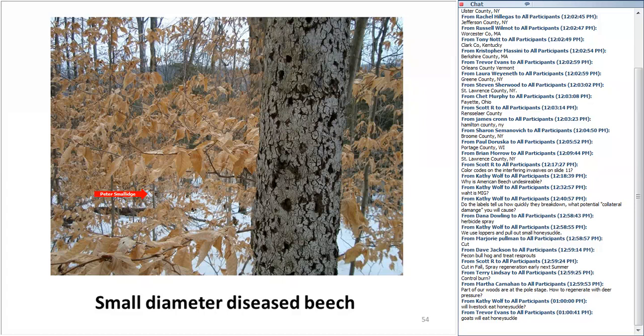So that's the bad news. The good news is you can work really, really hard, and you're never going to eliminate beech. I have other webinars just about managing beech, and there's a fact sheet on the Forest Connect site about managing beech. So I'll call your attention to those.